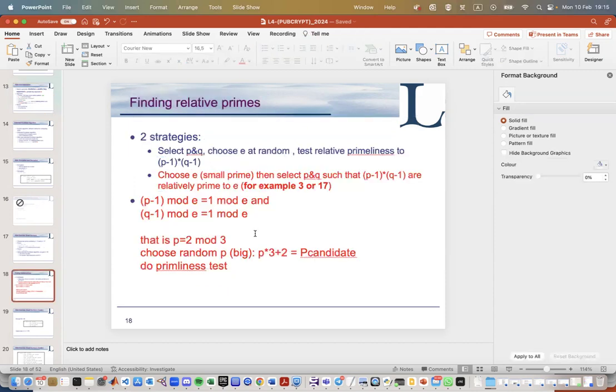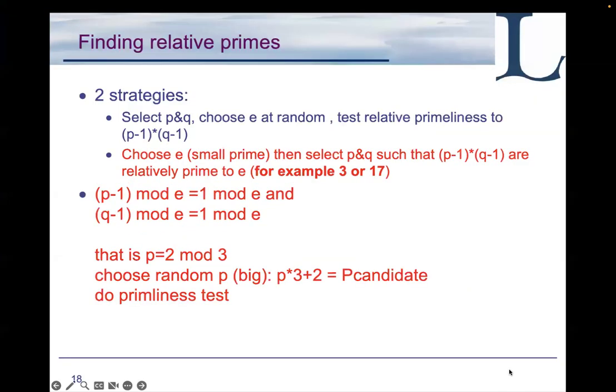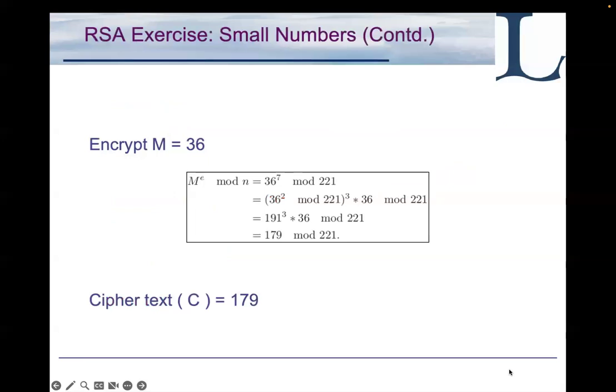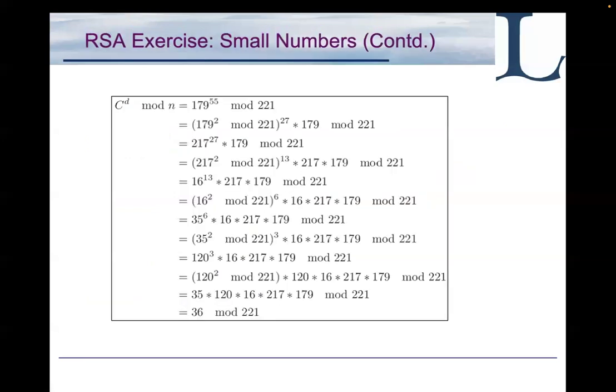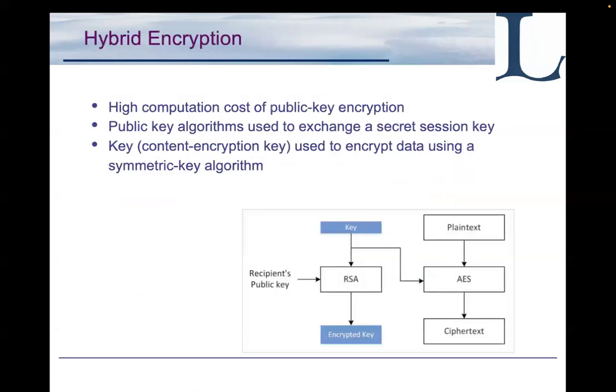On this slide, I just show a kind of reverse engineering of P and Q, starting with some other number, but this is only for optimization purposes. Some examples you can follow here.